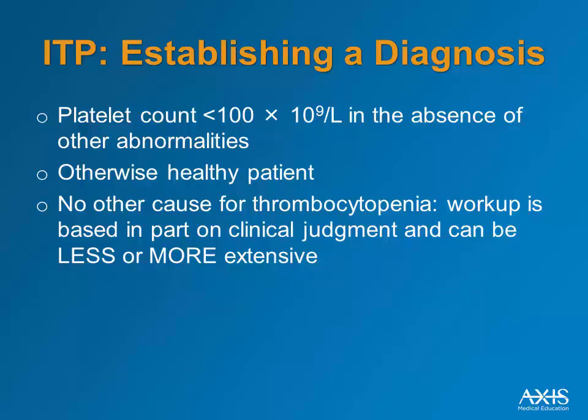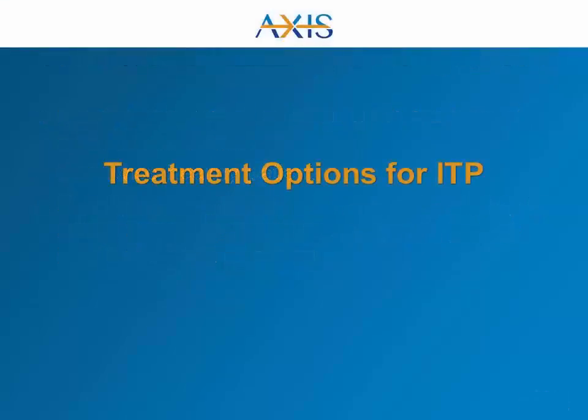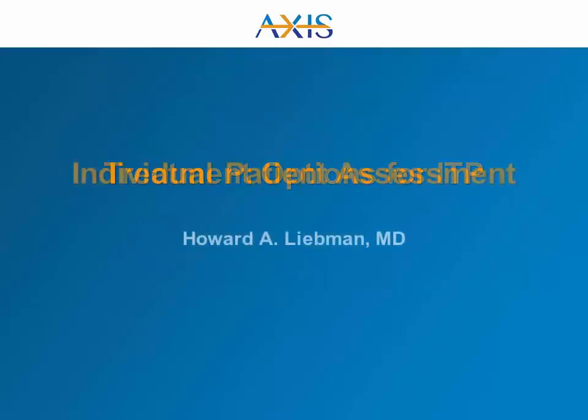All of these things, however, are ways of excluding diagnoses other than ITP, and the primary way to actually establish the diagnosis is if a treatment is done, such as IV gamma globulin, and the platelet count goes up dramatically, even if it does not stay elevated for long. Now we're going to go over and look at treatment options for ITP, and Dr. Liebman's going to take over.